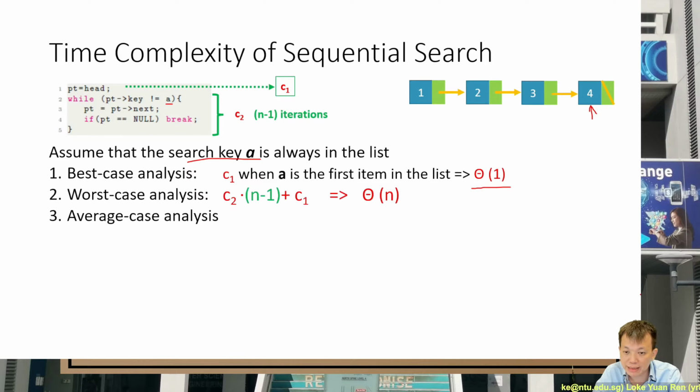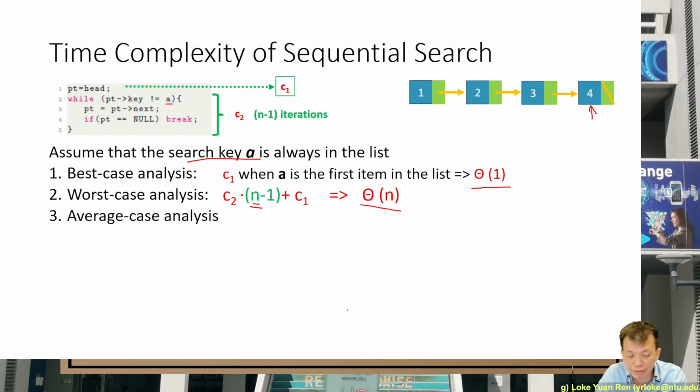In that case, the time complexity is C2 times (n-1) plus C1. So I can conclude that in the worst case scenario, assuming the search key is always in the list, it is big theta n. It's a linear function. Like I said, all these constants are not so critical; I'm only concerned about this n.